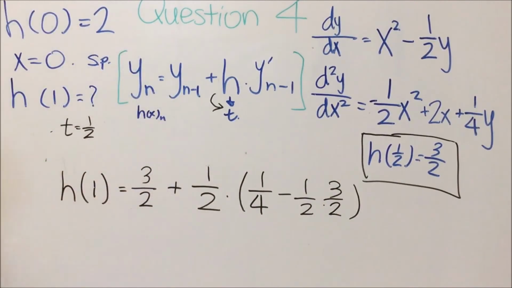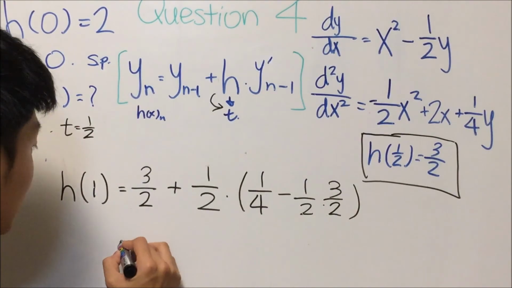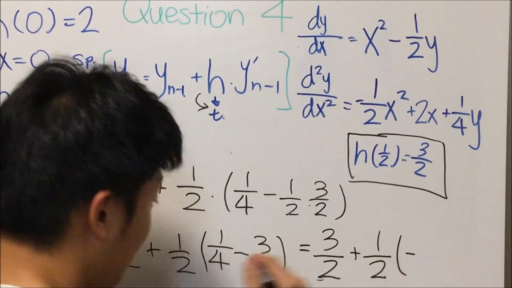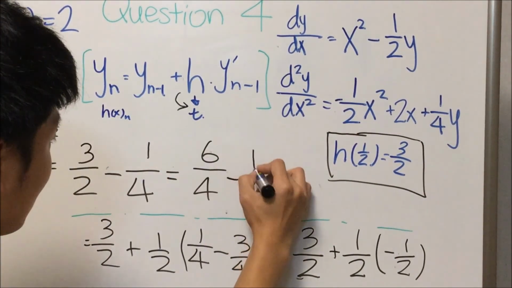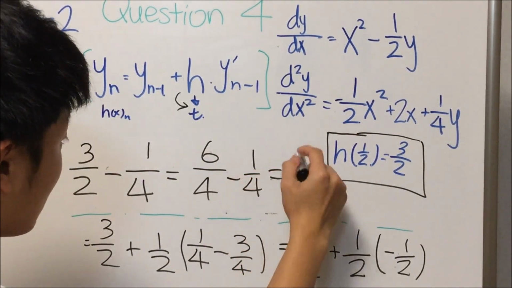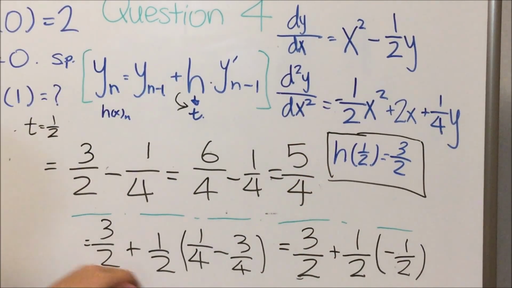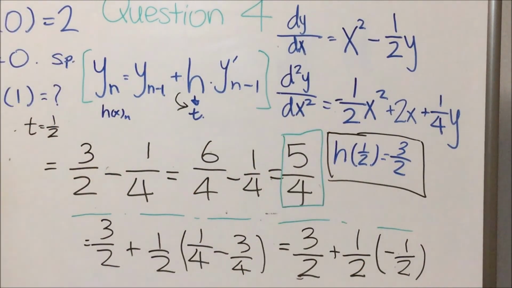There we go. College Board is so kind, they made it the same denominator. So on both sides, it will be 5/4. So the final answer will be 5/4.